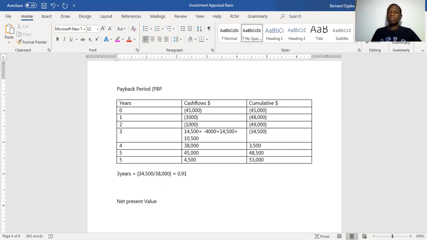If I'm approximating it to 2 decimal places, 0.91.